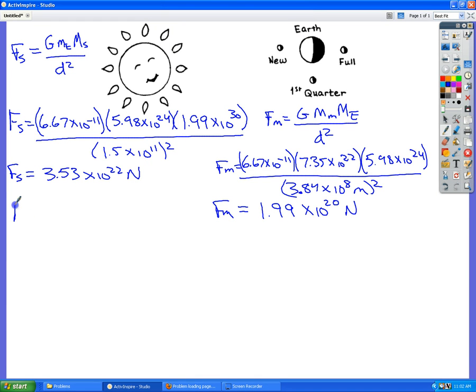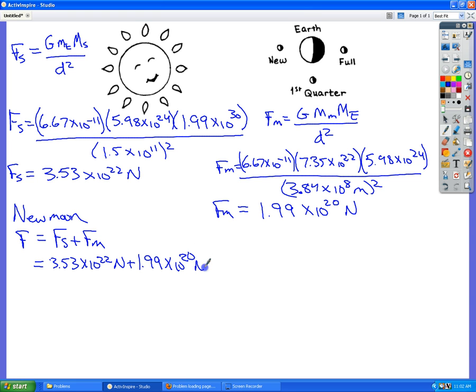Now that we have those two values, let's figure out the force for each one of the values. We know that for a new moon, because they're both on the same side, all we have to do is add the two forces. So the overall force should be equal to the force of the sun plus the force of the moon. So that would be 3.53 times 10 to the 22nd newtons plus 1.99 times 10 to the 20th newtons.